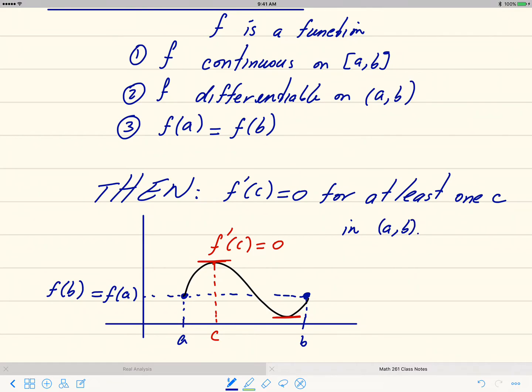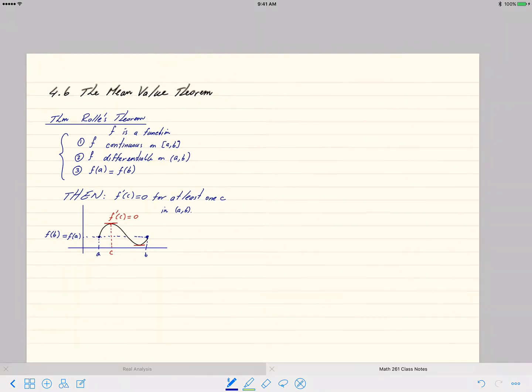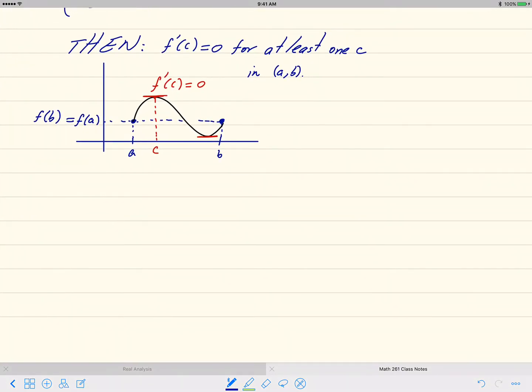First let's see what might happen if these three conditions are not satisfied. We need all three of them. If one of them is not satisfied, then we might have a problem. So let's take a look at a non-example, because it doesn't work.